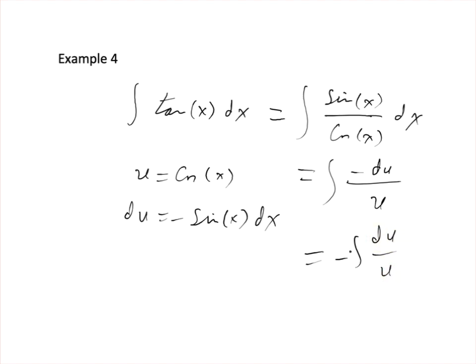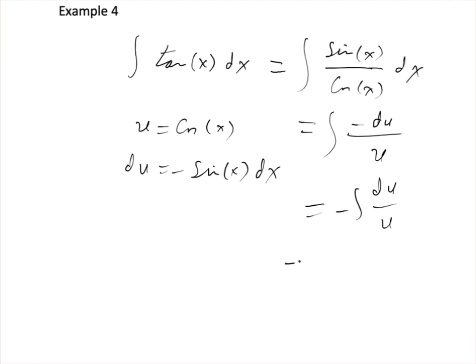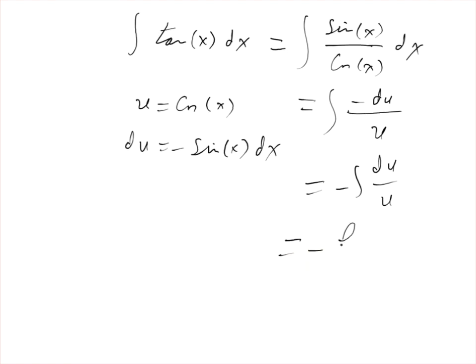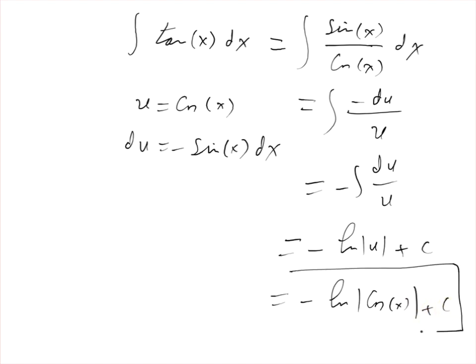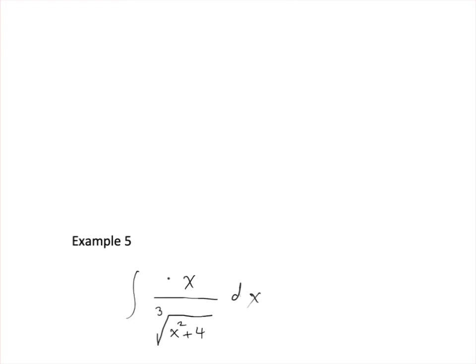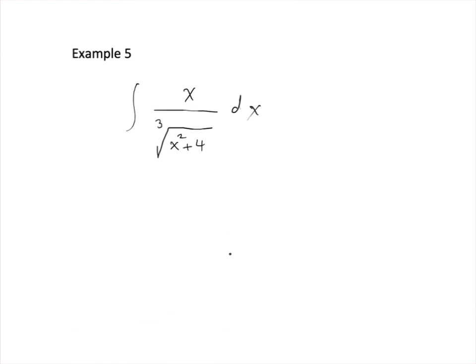We know this integral, and that is minus ln of the absolute value of u plus c, which is minus ln of the absolute value of cosine x, plus c. And that is the final answer. So here's one more example.